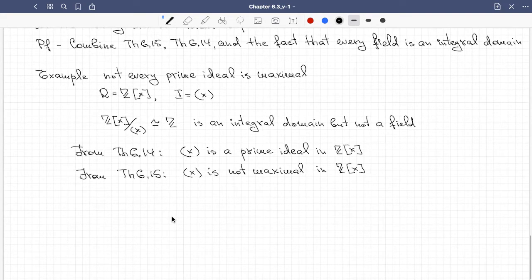In fact, we could see that directly, although it is a lengthier calculation. For example, but that is a lengthier argument.